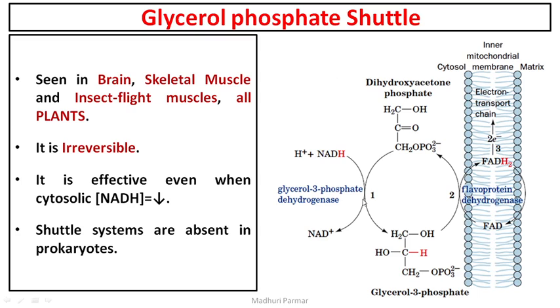So is this much clear? In malate aspartate shuttle, you are converting NADH, the electrons from NADH are going to the electrons in NADH inside the mitochondria. However, here in glycerol phosphate shuttle, the electrons from the NADH are getting transferred to FADH2, and so there will be a difference in the number of ATP generated here.